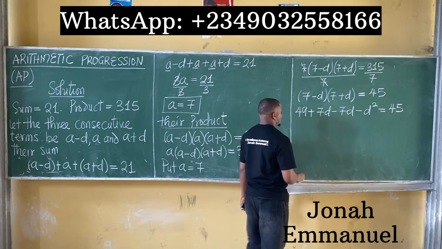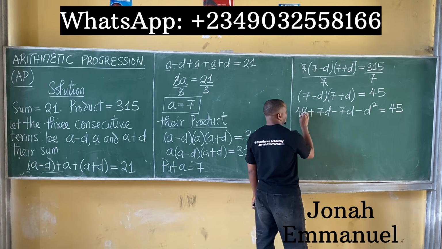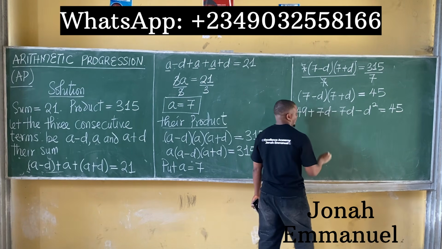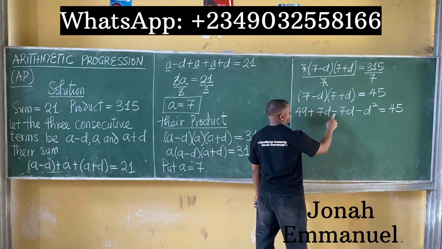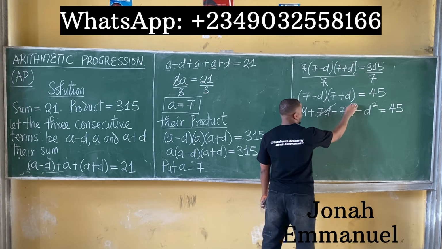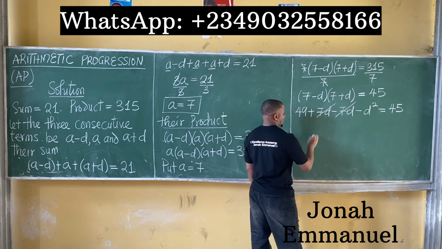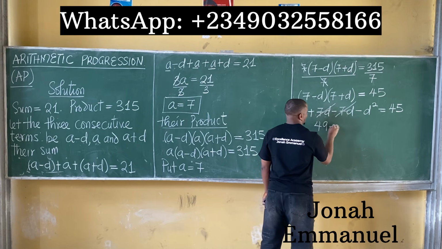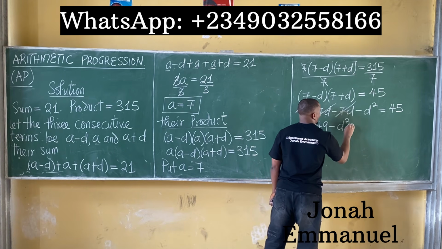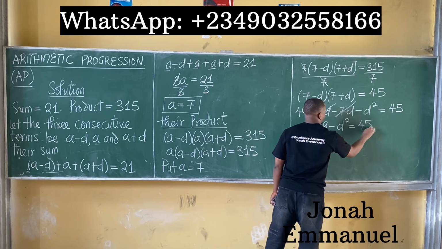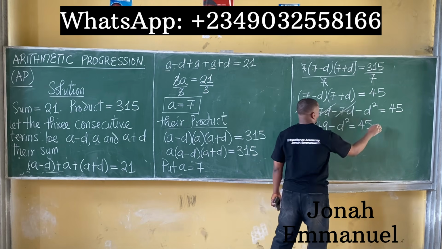Now proceeding with this, obviously I'll have to move this over here. And of course, 7d minus 7d, this will cancel this. So I'm left with 49 minus d squared is equal to 45. Move 49 over here.